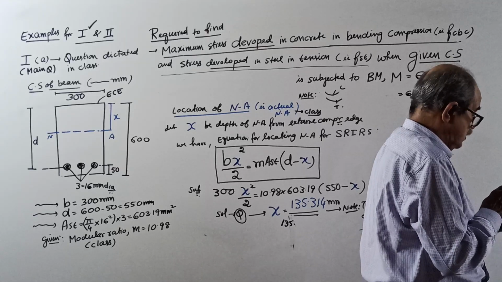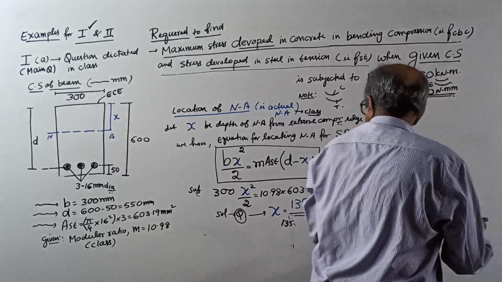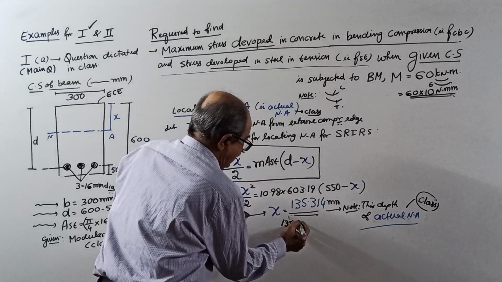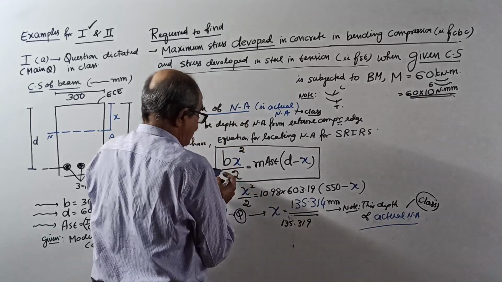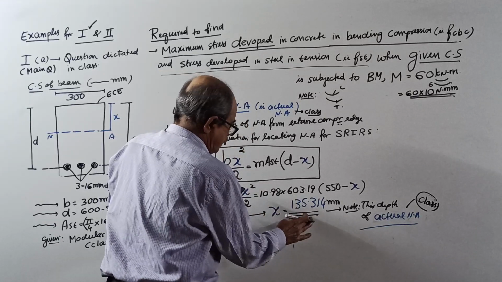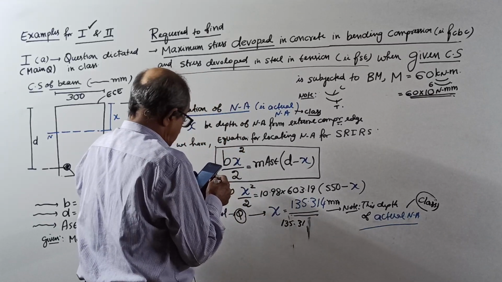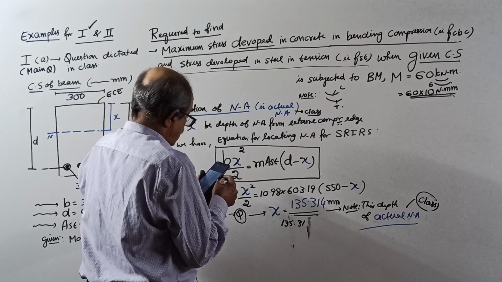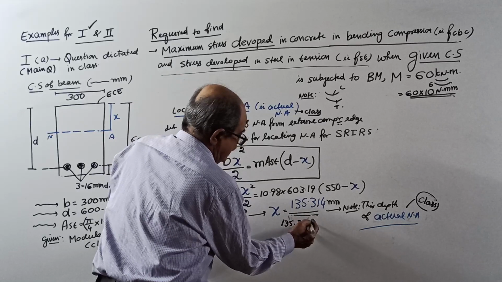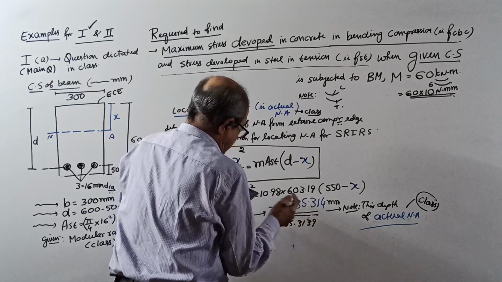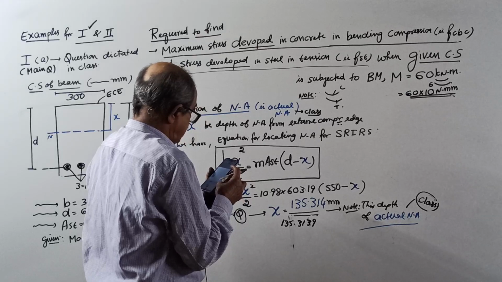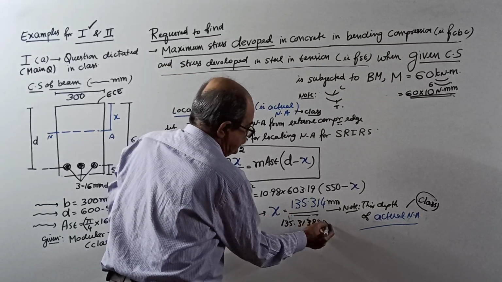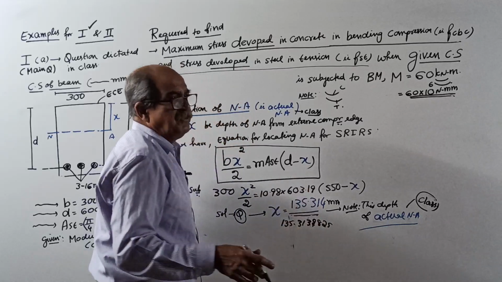Where did I write it? 135.314, 135.31, 39, I think 825. We are rounding up to the third decimal.